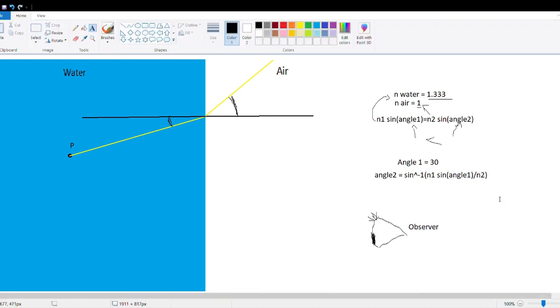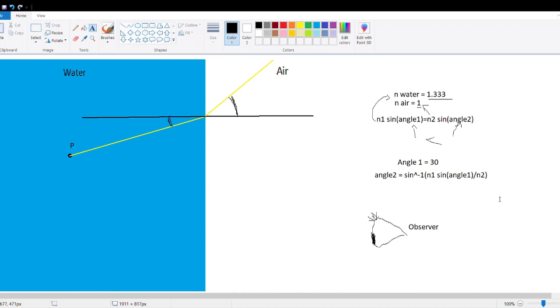So now, if we put it in the calculator, we'll find that angle 2 is equal to sine to the power of minus 1 of 1.33 times sine of 30 degrees, divided by n2, which is 1.